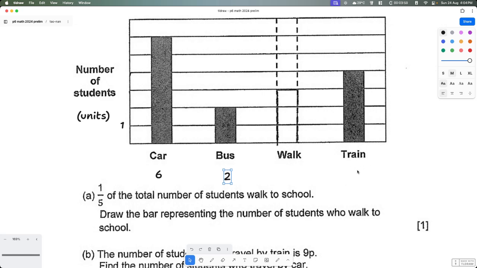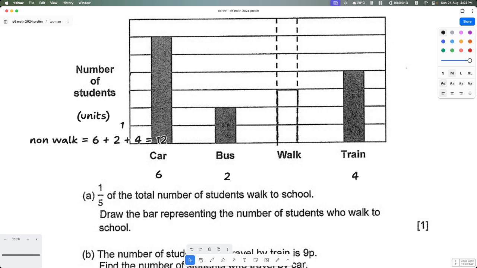So non-walk will be equal to 6 plus 2 plus 4, which is equal to 12, right? So non-walkers are 12, okay?